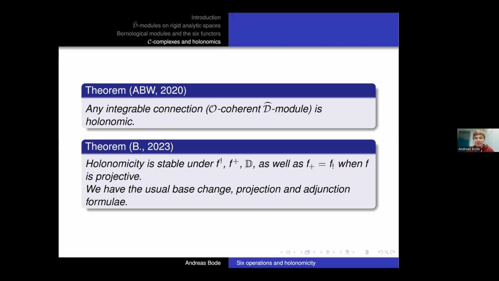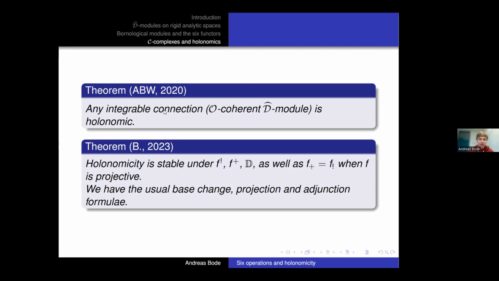I guess the other thing that we now need to convince ourselves of is that this wonderful definition of holonomicity contains more than just 0, right? The way I set this up, this could be a very stupid, boring category. So I need to make sure that all the things that I would classically expect to be holonomic are actually holonomic. So this is where the top theorem comes in.